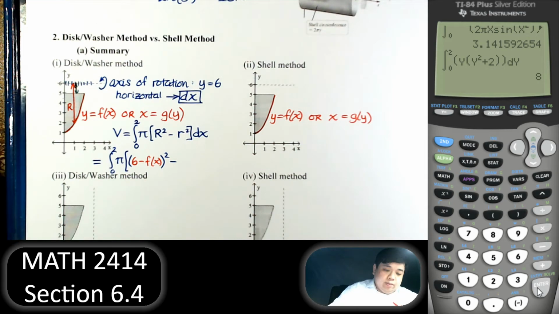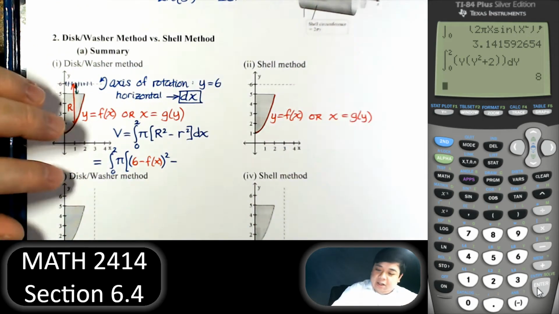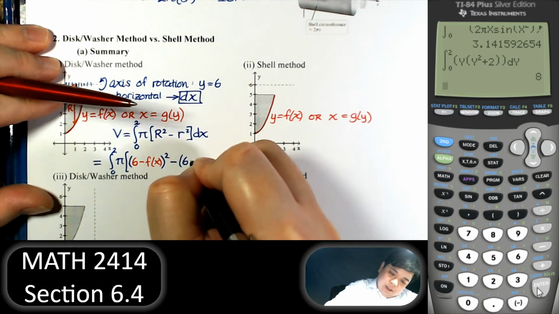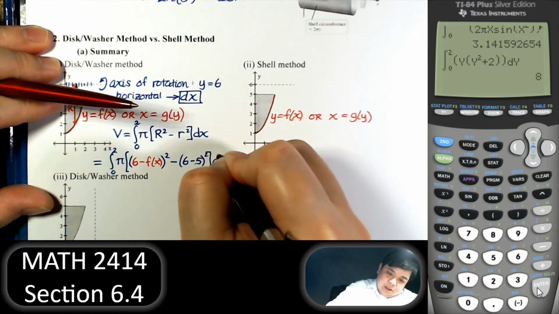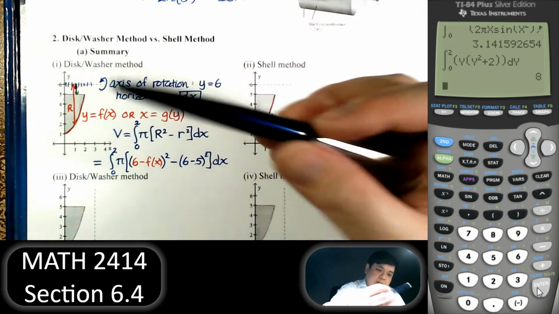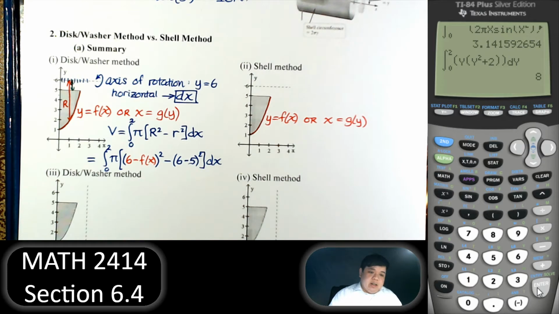And then little r: above is 6, below is 5, so it's just 1. Of course, we can integrate this, but we don't have the function, so we're just going to leave it at that.